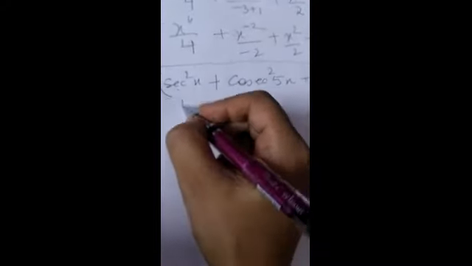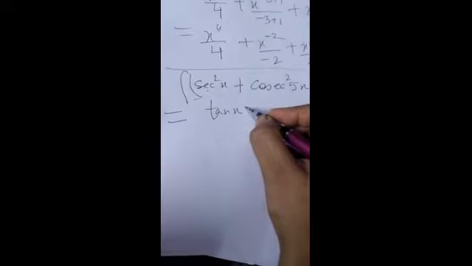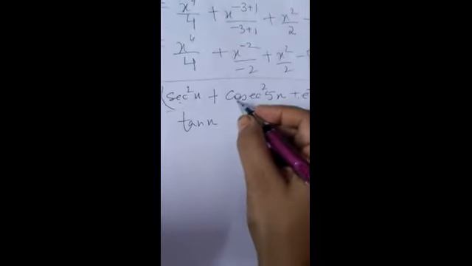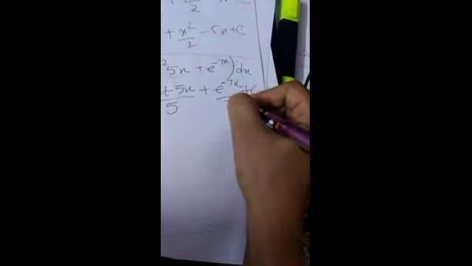Secant square x will be written as tan x. Direct formula you can write tan x. Cosecant square 5x. The integration will be minus cot 5x and the derivative of 5x will be 5 plus e power -7x and the derivative of -7x will be -7 plus c.